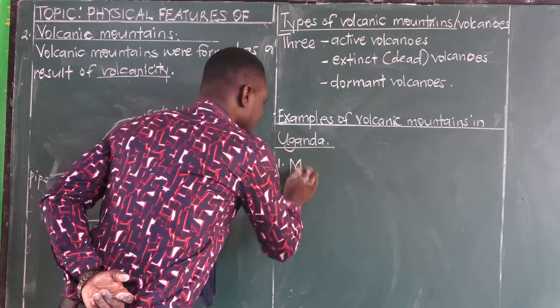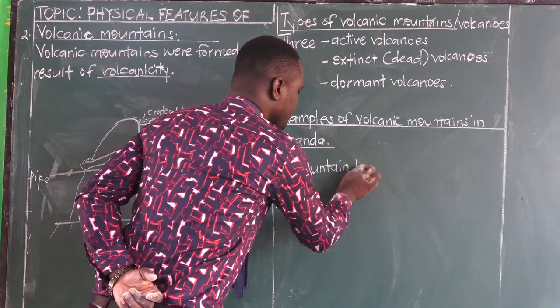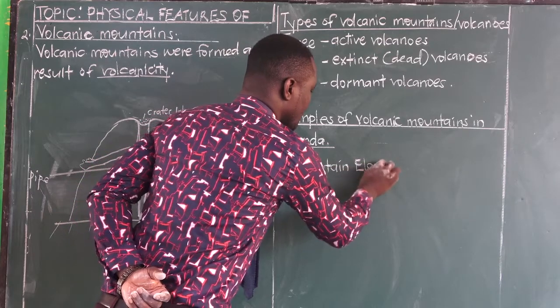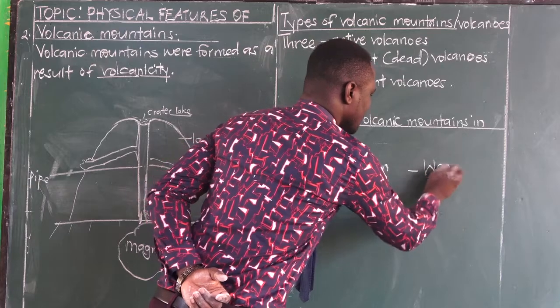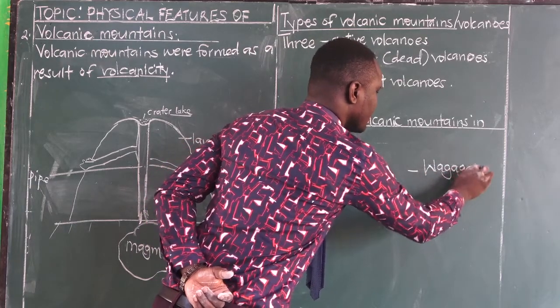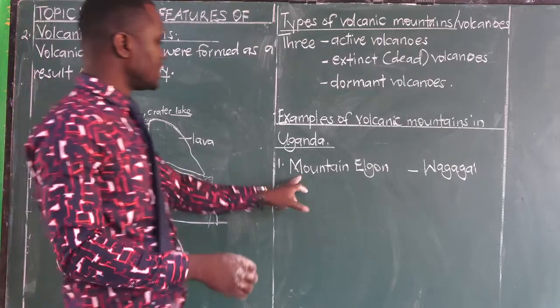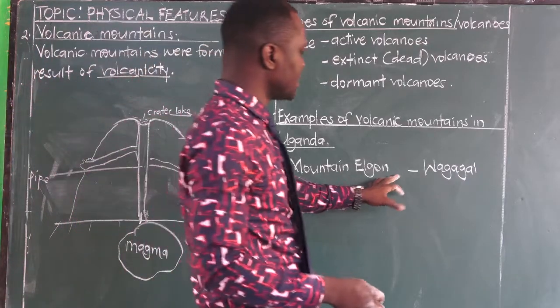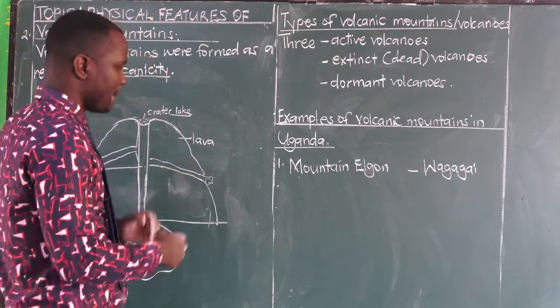Meaning the rest, like we have Mountain Elgon, which has got its peak as Wagagai. We also need to remember this. We talked about mountains and their peaks. Mountain Elgon with its peak, Wagagai, which means this one is a volcanic mountain.